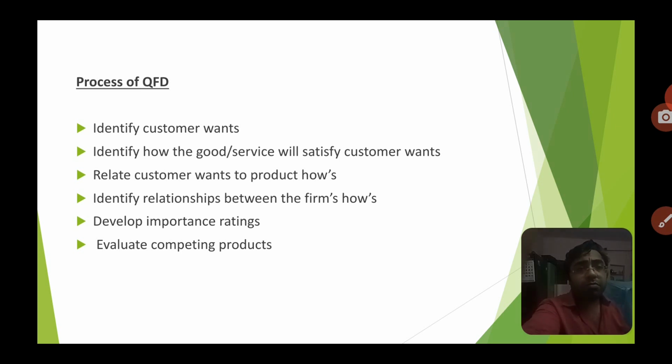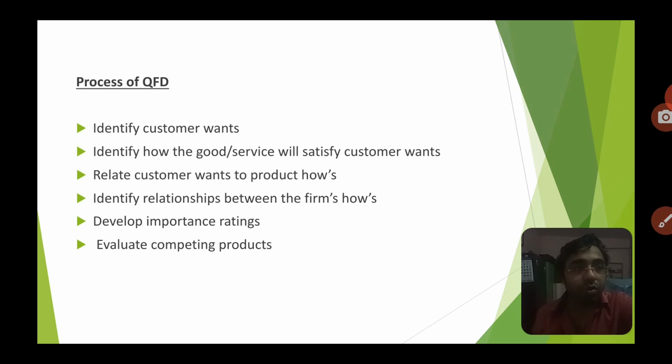So the firm's relationships they will identify. And then develop the importance rating. What the rating means is how much this quality is related with the quality, how much we can achieve, or how much rating it is given.